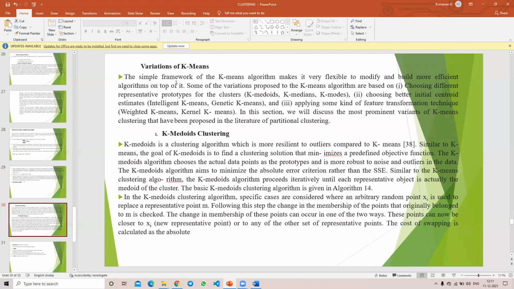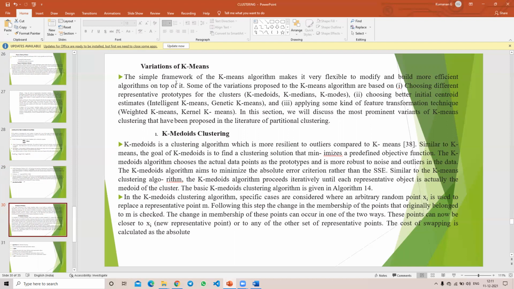Next, variations of the K-means clustering algorithm. The simple framework of the K-means algorithm makes it very flexible to modify and build more efficient algorithms on top of it. Some of the variations proposed are based on choosing different representative prototypes for the clusters: k-medoids, k-medians, k-modes.